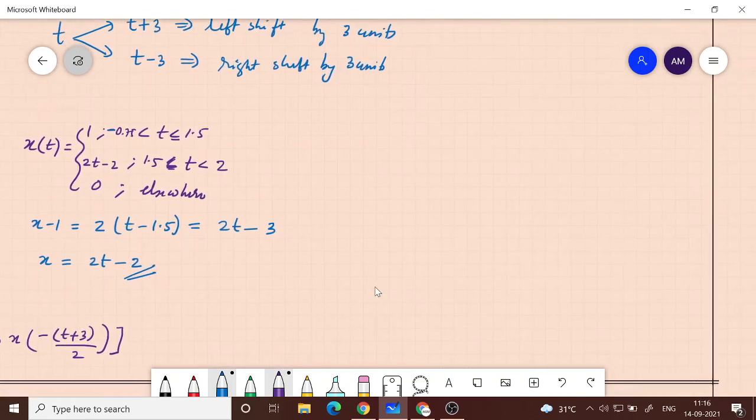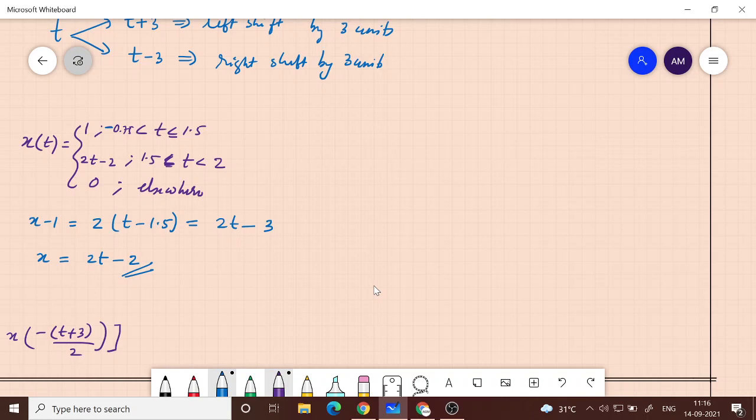Now all the transformations together you can do at a time, because mathematically you can write this expression by just replacing t with minus t by 2 plus 3. So 1 will remain as 1 for minus 0.75 less than or equal to minus t by 2 plus 3 less than or equal to 1.5.